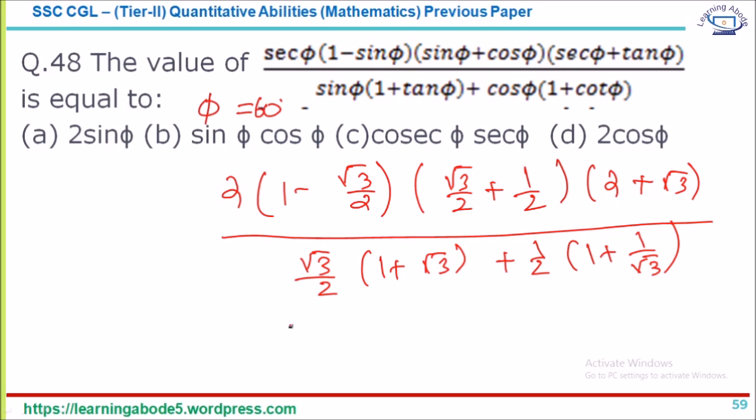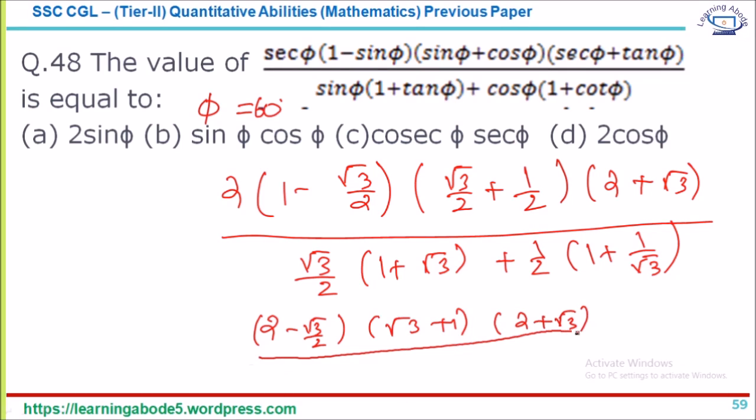If you take this inside, you get 2 minus root 3 by 2, root 3 plus 1 into 2 plus root 3, and in the denominator you will have root 3 into 1 plus root 3 plus 1 plus root 3 by root 3.